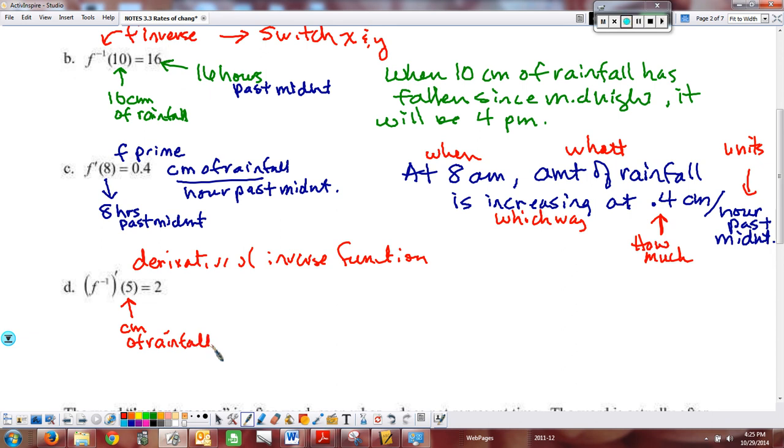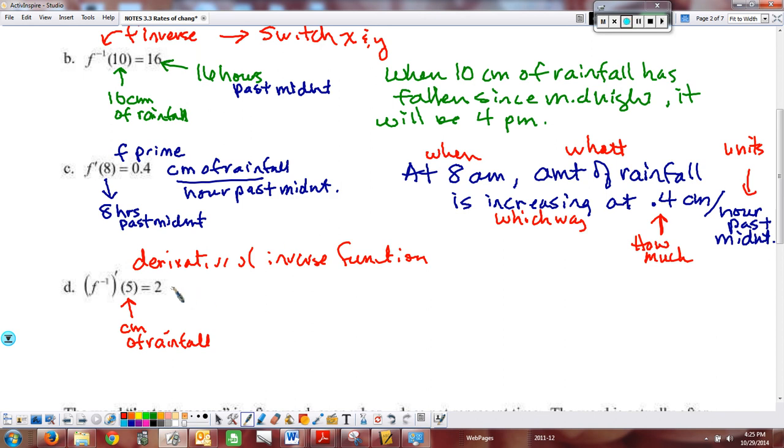Okay, and now remember that this is a derivative, so it is a slope. But remember now, when we do our change in y over change in x, make sure you're doing change in y for the inverse. So in this case, our units are not going to be centimeters of rainfall per hour past midnight.